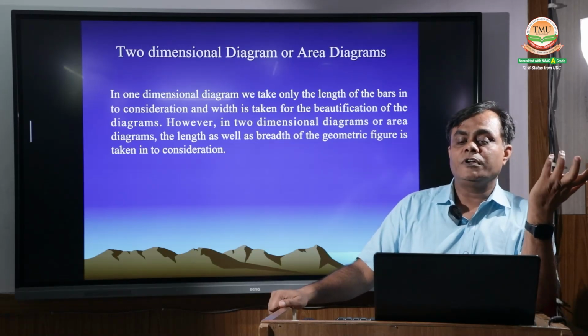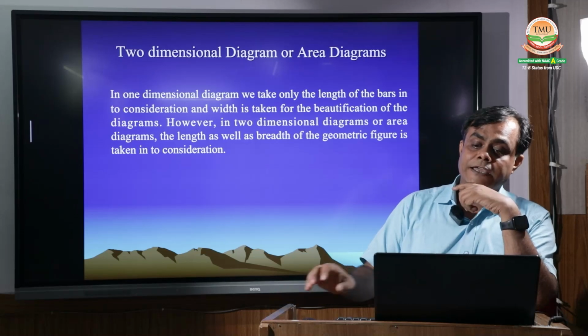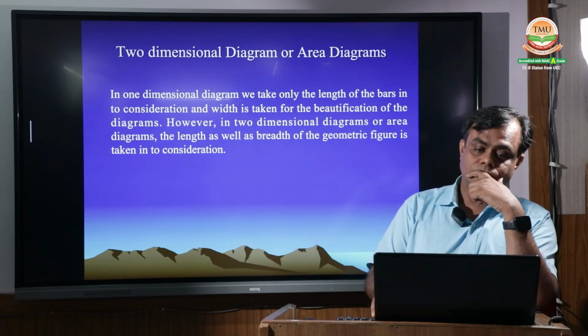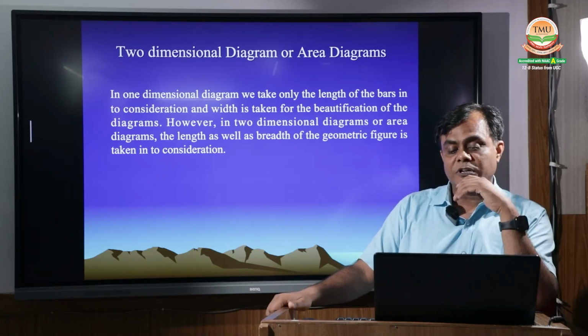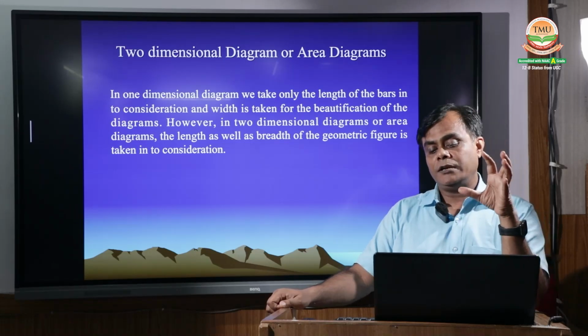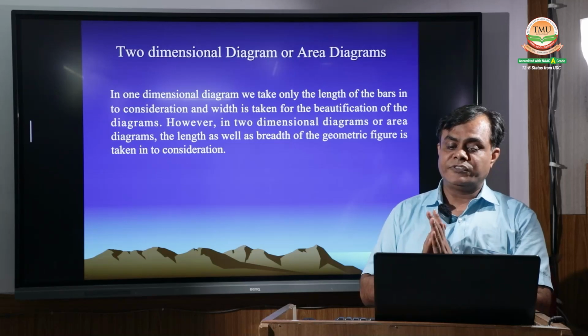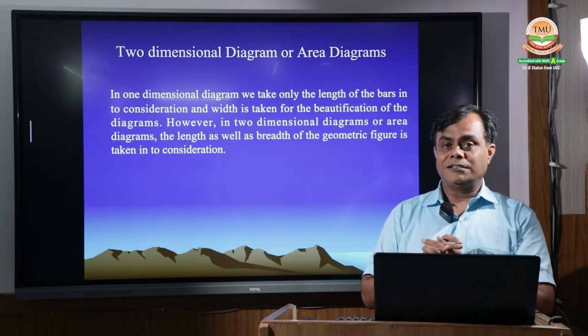That's why it becomes two-dimension data, and it is also known as area diagrams. Here is an example of an area diagram. There is a total area, and within that total area a particular area is shaded by a dark color.